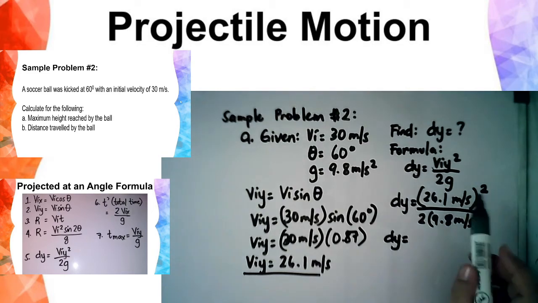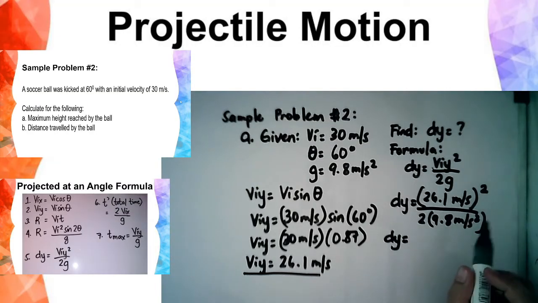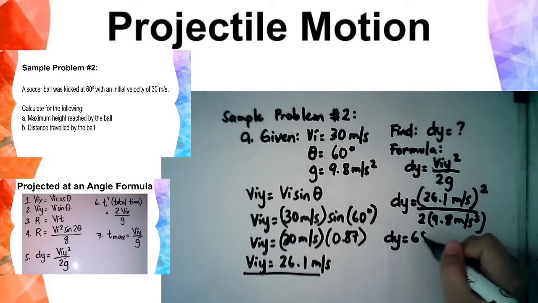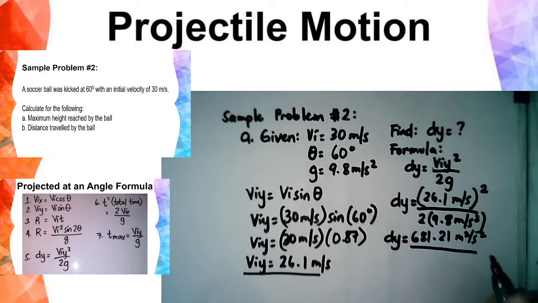So, uunahin natin yung nasa taas. So, 26.1 squared, you will get 681.21 meter squared per second squared. Divided by 2 times 9.8, you will get 19.6 meter per second squared.